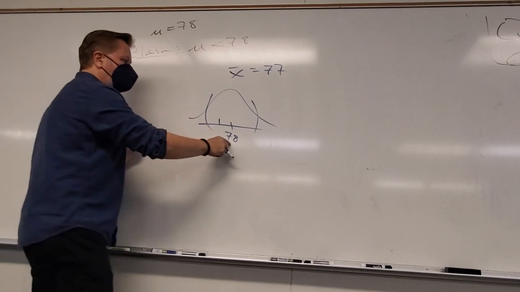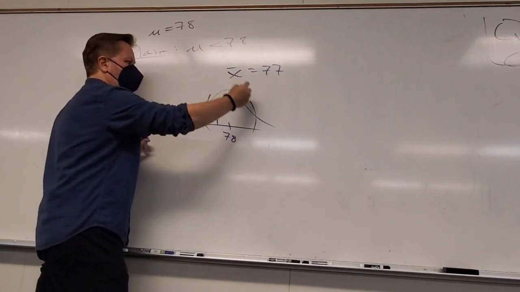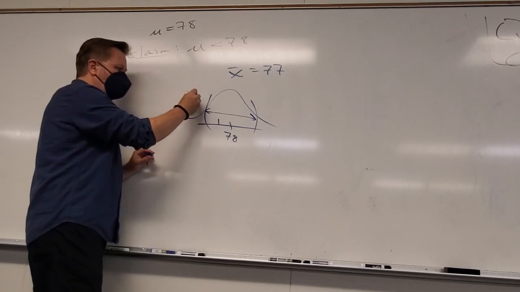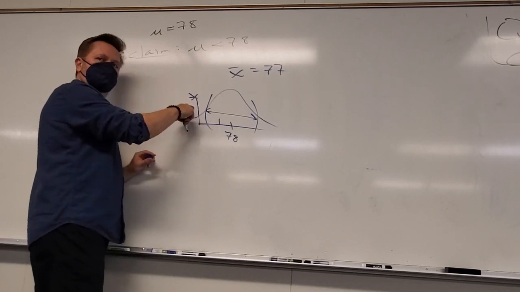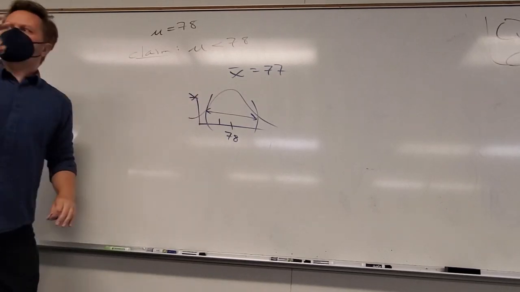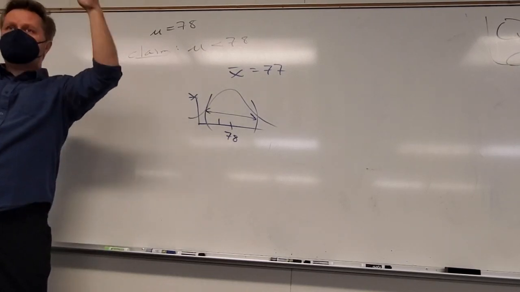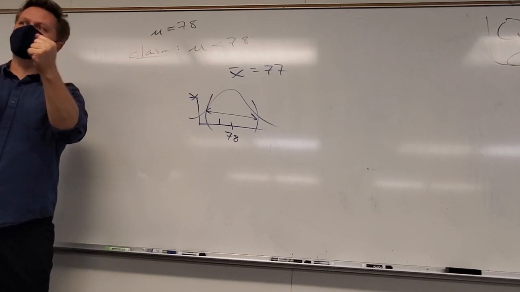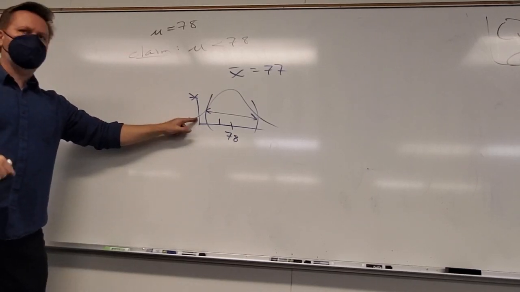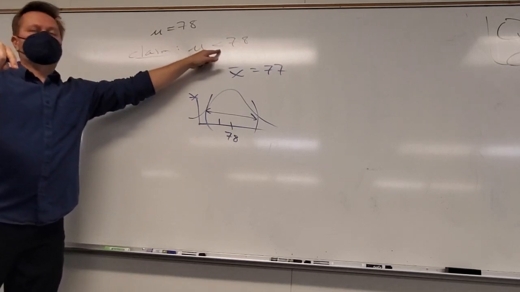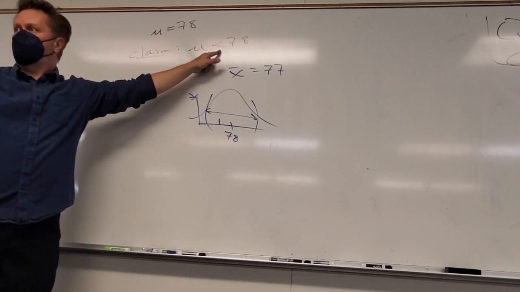If 78 is the real mean, this is what the picture would look like. That means most samples would be in here. If I get a sample way out here, that is evidence that the mean really is less than 78. That is evidence that supports your claim.